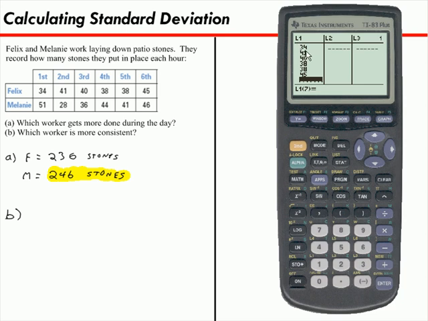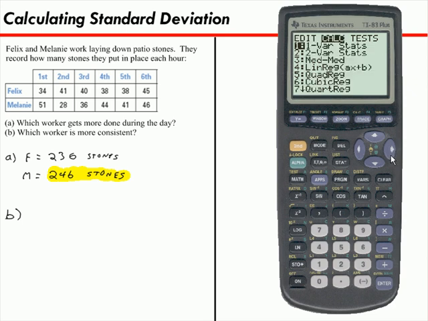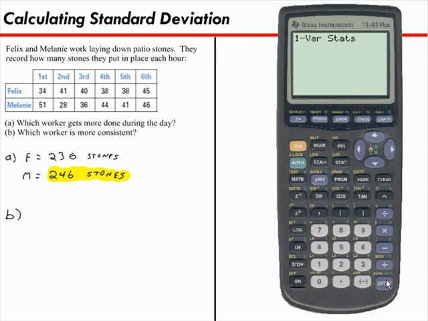Now that my L1 is filled with these values for each hour, I can compute the standard deviation. To do that, I'm going to go back to the stat button. I'm going to hit that, and I'm going to scroll over by hitting the right button to calc. Then I want what's right here, one var stats, or one variable stats. And it's already highlighted for me, so I'll hit enter.